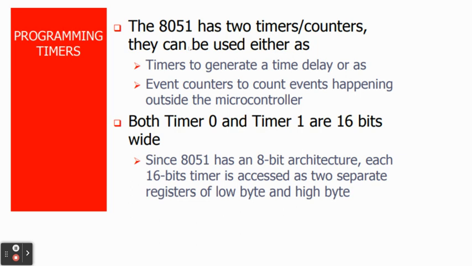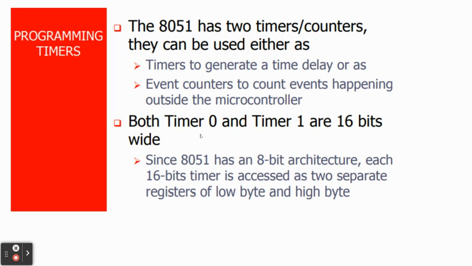As a timer, it can be used to generate a time delay, like what we will do today, or as an event counter, it can count events happening outside the microcontroller. So the timers can be used as a timer or as an event counter, or simply counter.